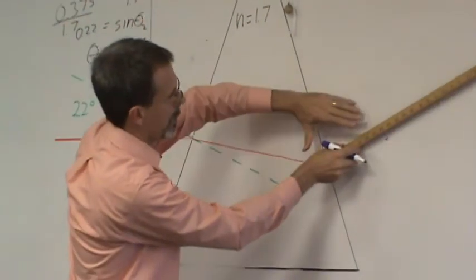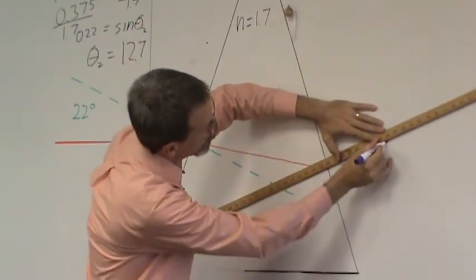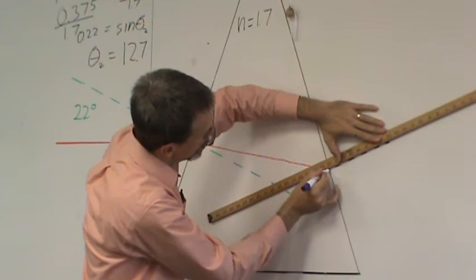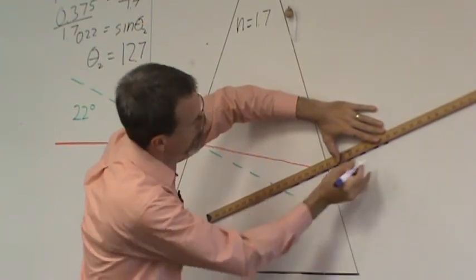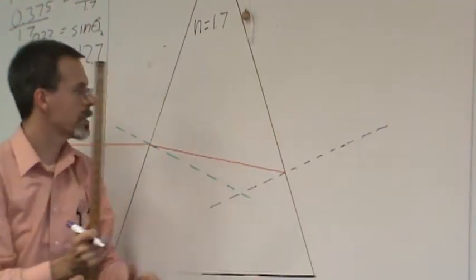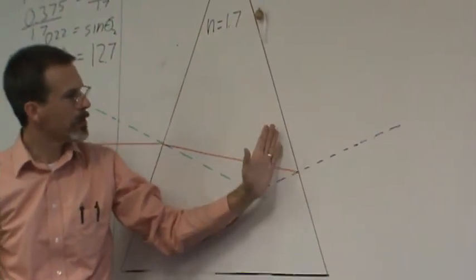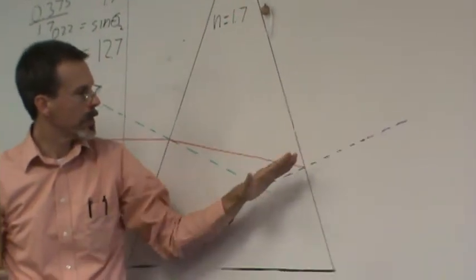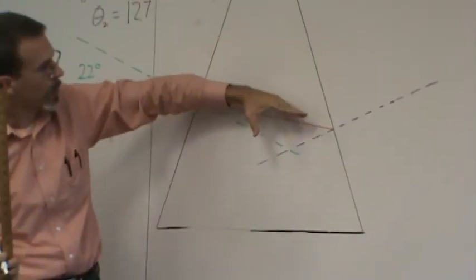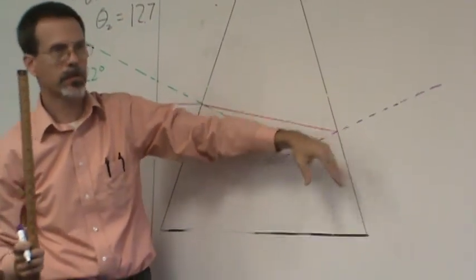And now I can mark the perpendicular to this surface. Once again, it's the perpendicular that hits where the light ray is going. I found the 90 degrees away from this, and so I can mark that perpendicular. The light ray is going to come in here, and it's going to bend away from that perpendicular.